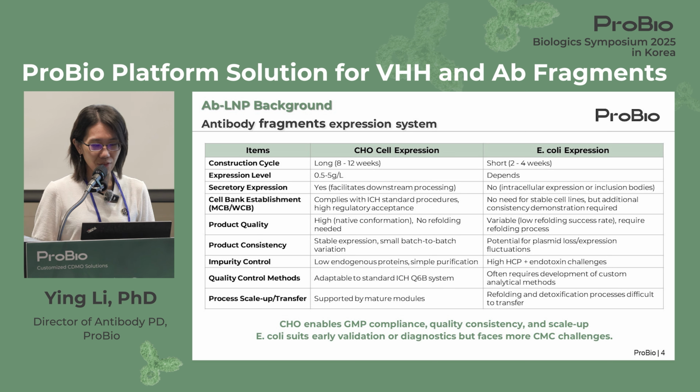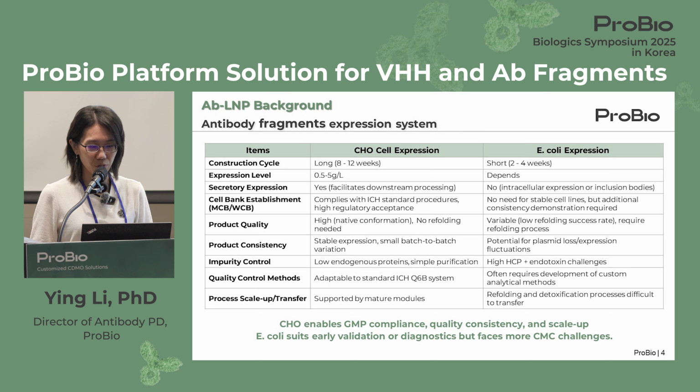However, there are a number of advantages utilizing CHO cells over the E. coli system. For example, in general, we can secrete the protein utilizing CHO versus a complex lysis process, because the protein is typically expressed in inclusion bodies in the E. coli system.